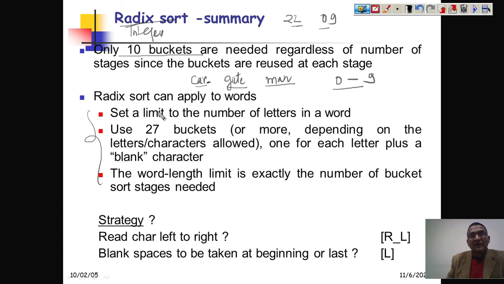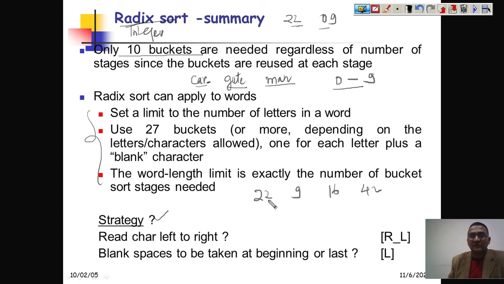Now when we talk about applying the Radix sort for sorting the words, you need to think about these points, reading the characters left to right. Like when we have given numbers 22, 9, 16, 42, and we have decided to sort these numbers, we have to read from right to left.